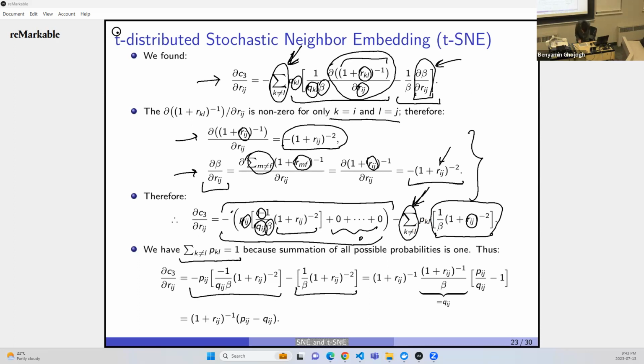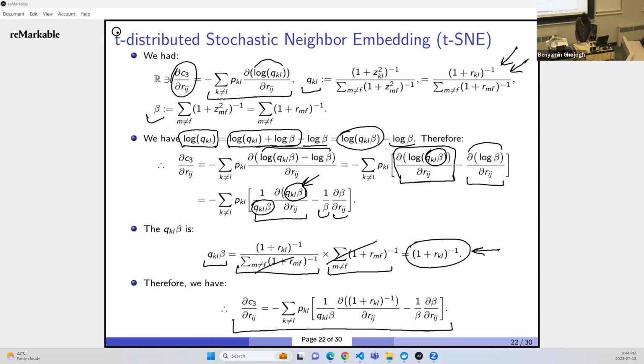Then what happens? Then I can, let me think. Exactly. We are factoring out 1 plus Rij inverse. We are factoring it out and we will get this. Then, interestingly, what we find here is Qij.